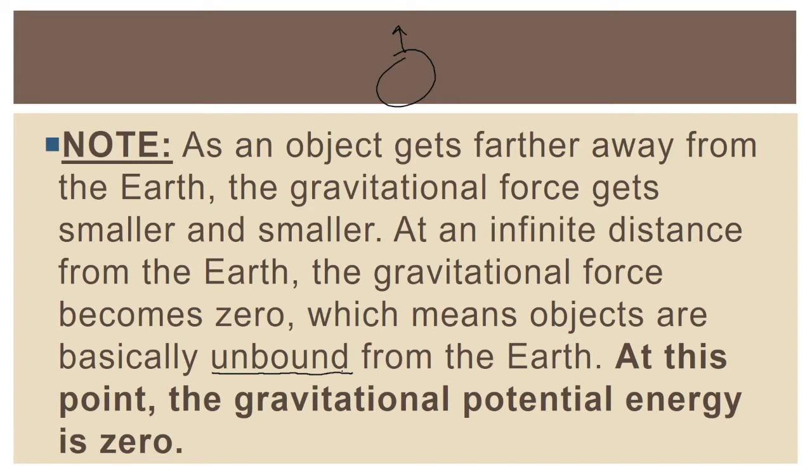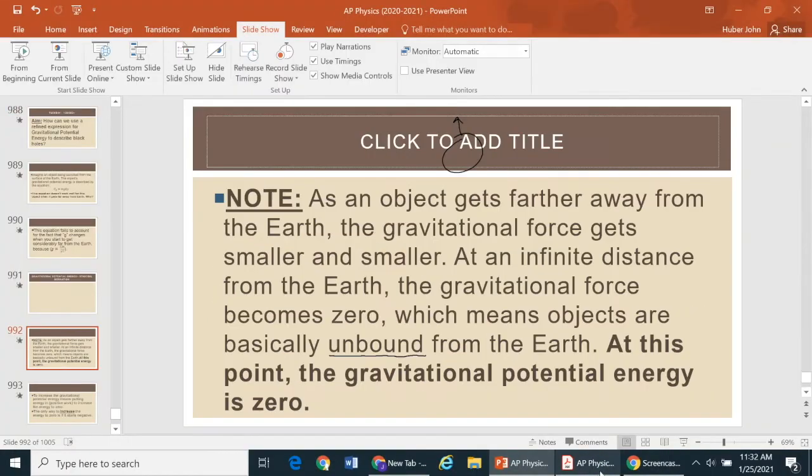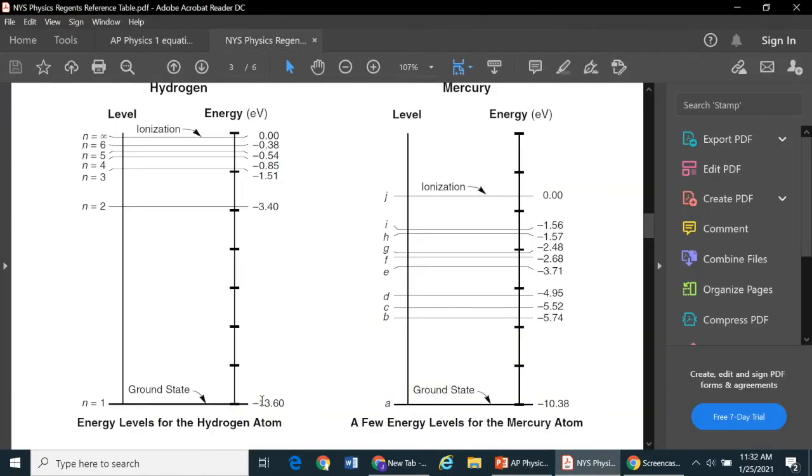So if you remembered in chemistry and in honors physics too, we looked at charts which look like this. And in these charts, what you should have noticed is that all of these energies for the energy levels in an atom were negative.